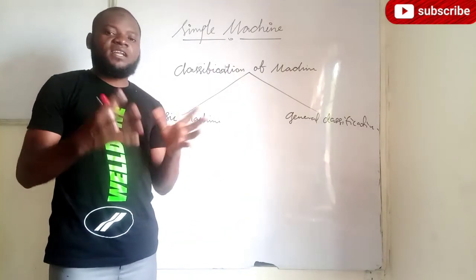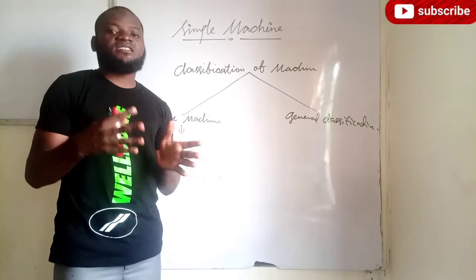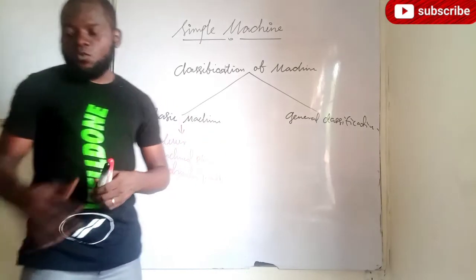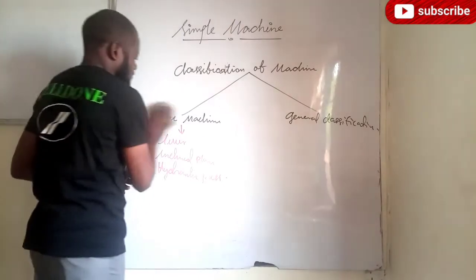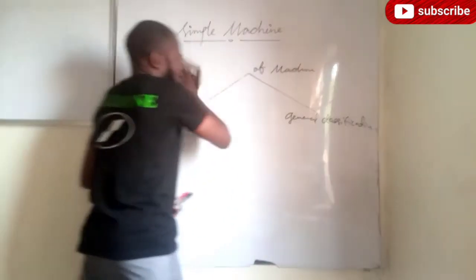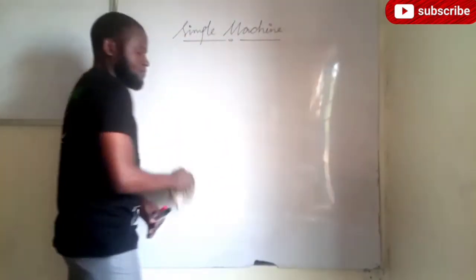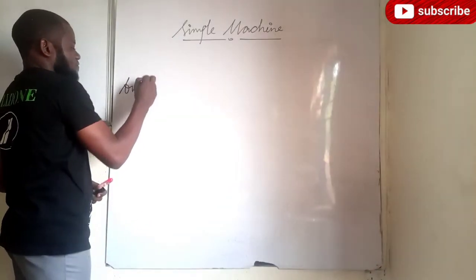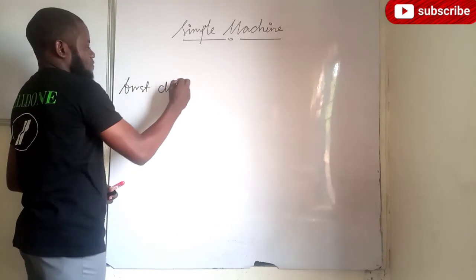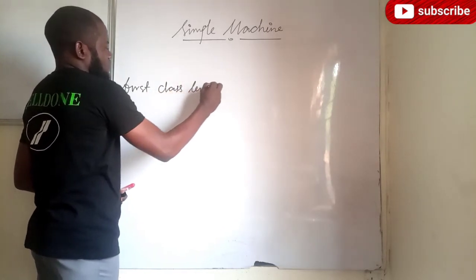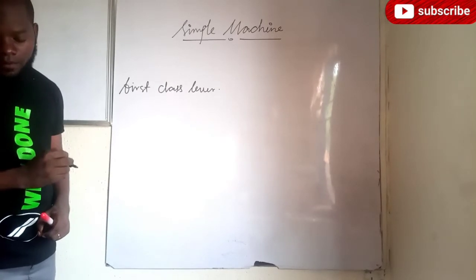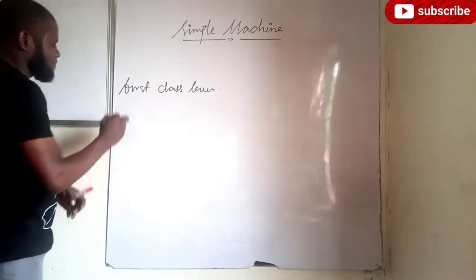When you talk about the classification of level, you can classify level into 3 classes. Are we together now? So we have the first class level. Now when you talk about the first class level, we call them the EFL.